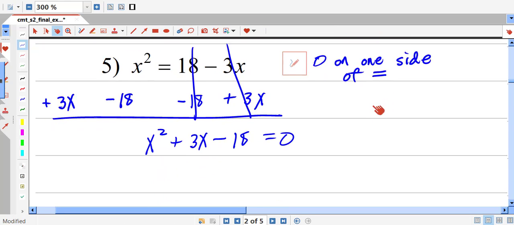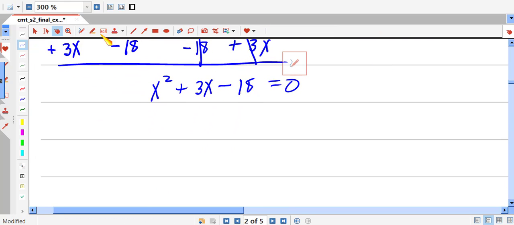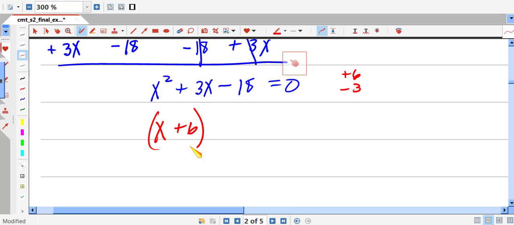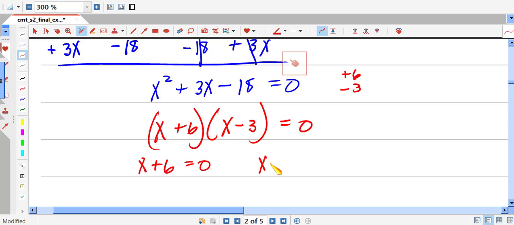All right, now I'm going to be looking for two numbers that multiply to be 18 and add up to 3. So that would be positive 6 and negative 3. So I do x plus 6, x minus 3 is the factored form of the equation, and that means either x plus 6 is equal to 0 or x minus 3 is equal to 0.